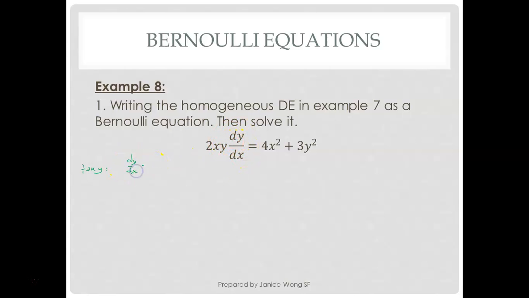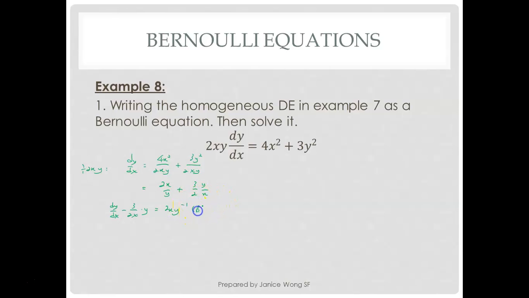So we have dy over dx equals 4x squared over 2xy plus 3y squared over 2xy. Simplifying, we get 2x over y plus 3 over 2 times y over x. Group the y term to the left: dy over dx minus 3 over 2x times y equals 2x y to the power of negative 1.